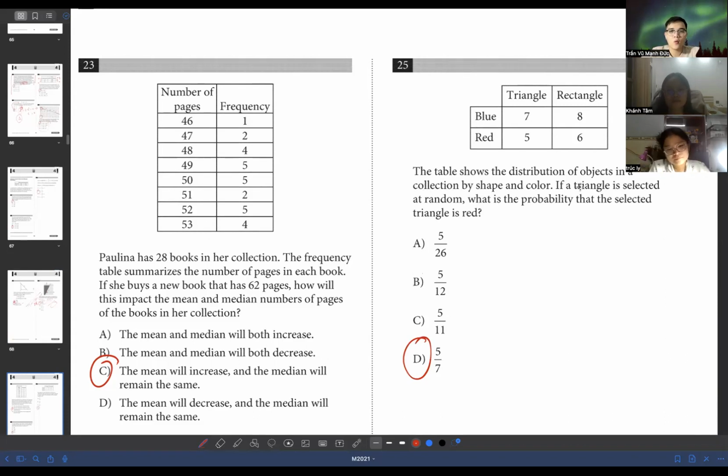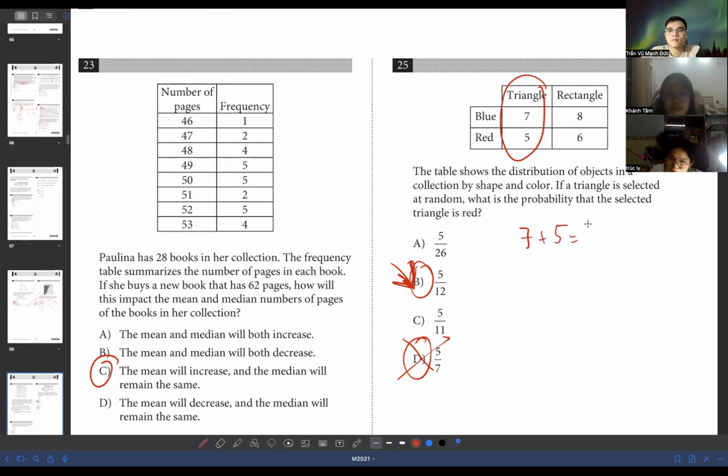So when you choose, this is a probability question. I'm sorry, I chose B. I didn't read the question carefully. Okay, so let's redo it a bit. Why did you choose B? How did you choose B? Because it says if a triangle is selected at random, so I have the sum of 7 plus 5 equal 12, and the probability to pick a red triangle, I took the number of red triangles over 12, the sum.